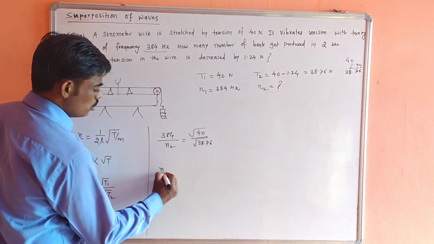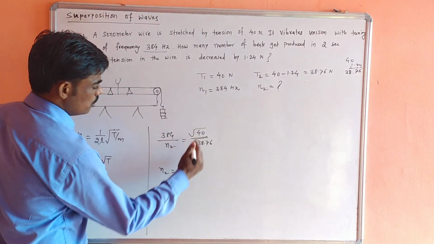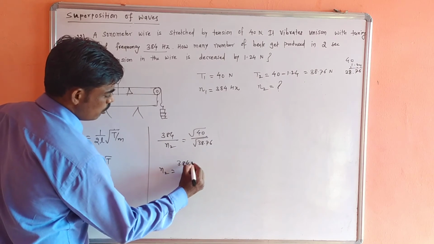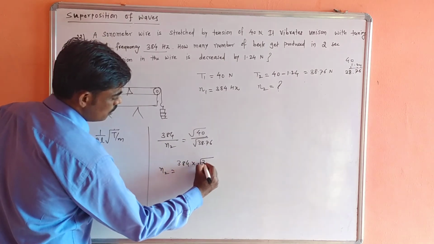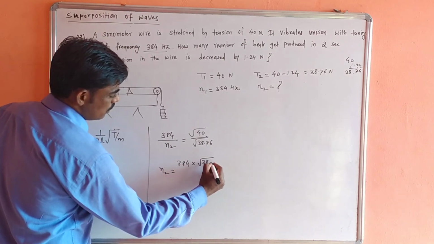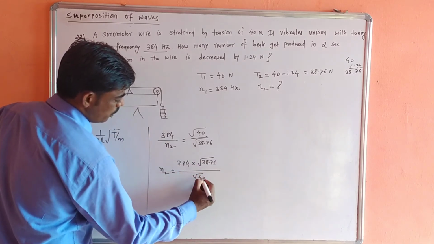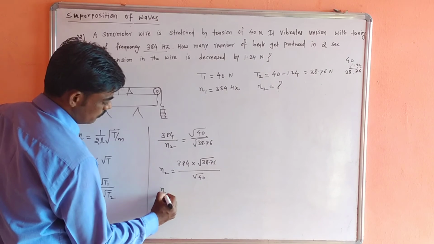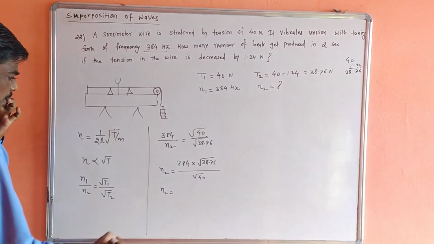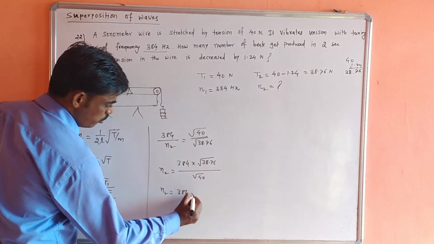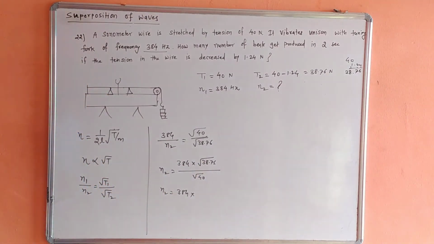So N2 is equal to 384 into root 38.76 upon root 40.